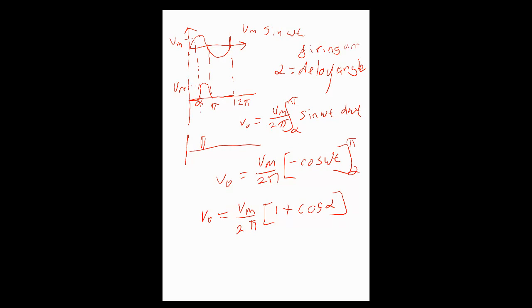So by changing the firing angle, we are able to change the average output voltage. This is how we can use this concept to control the speed of a DC motor. We just change the firing angle on the thyristor.